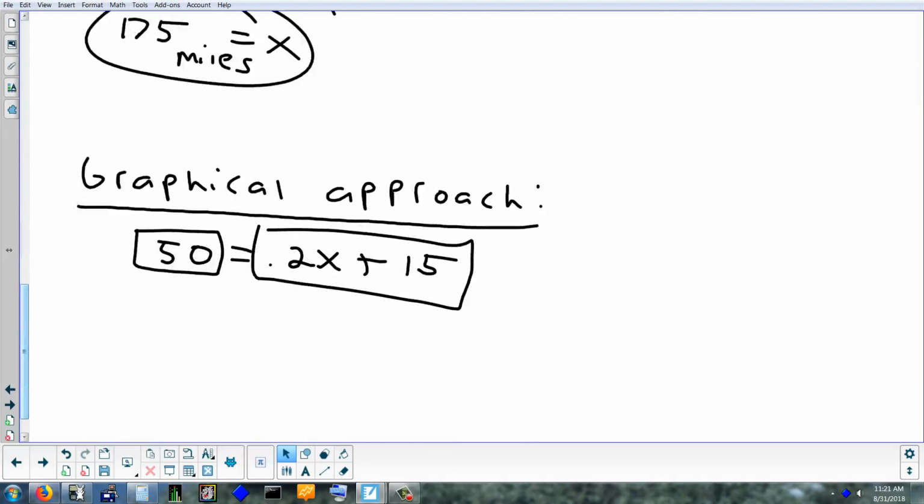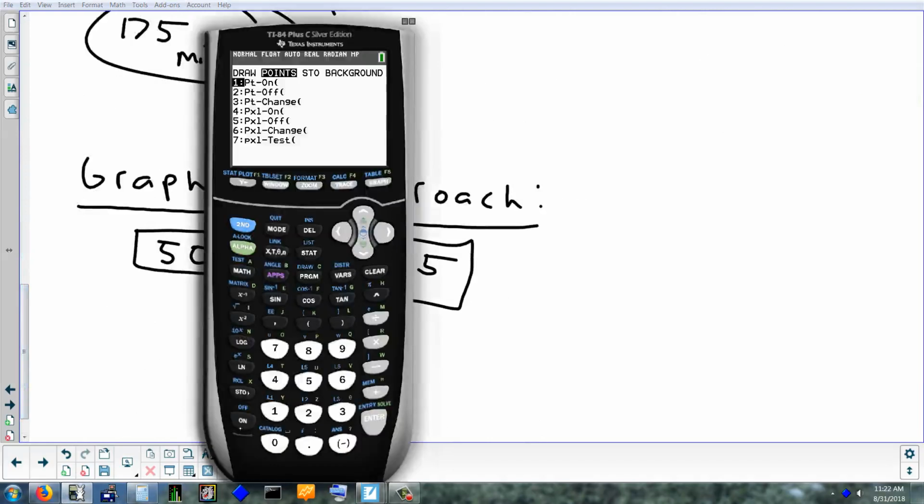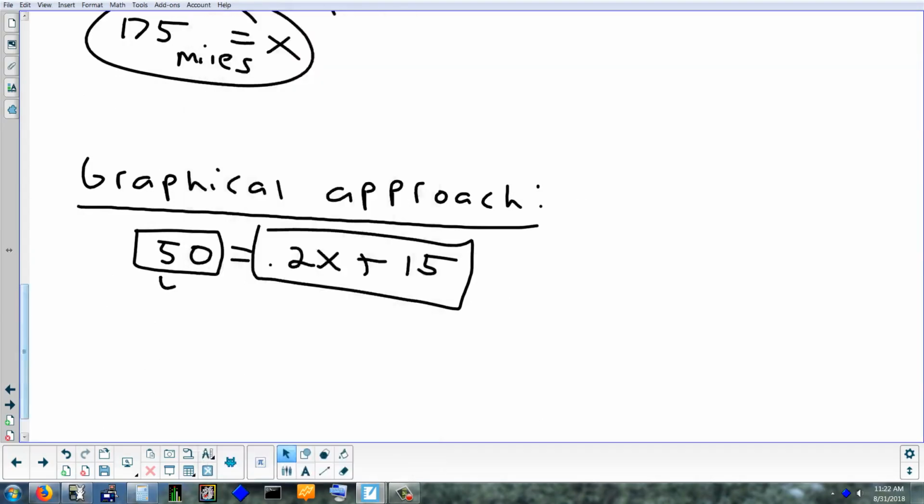I'm going to turn my calculator on and go to y equals, and if there's anything in there, you can just clear it. You have several spots where you can type stuff in, y1 through y9. I'm going to type 50 in for y1, and 0.2x plus 15 in for y2.